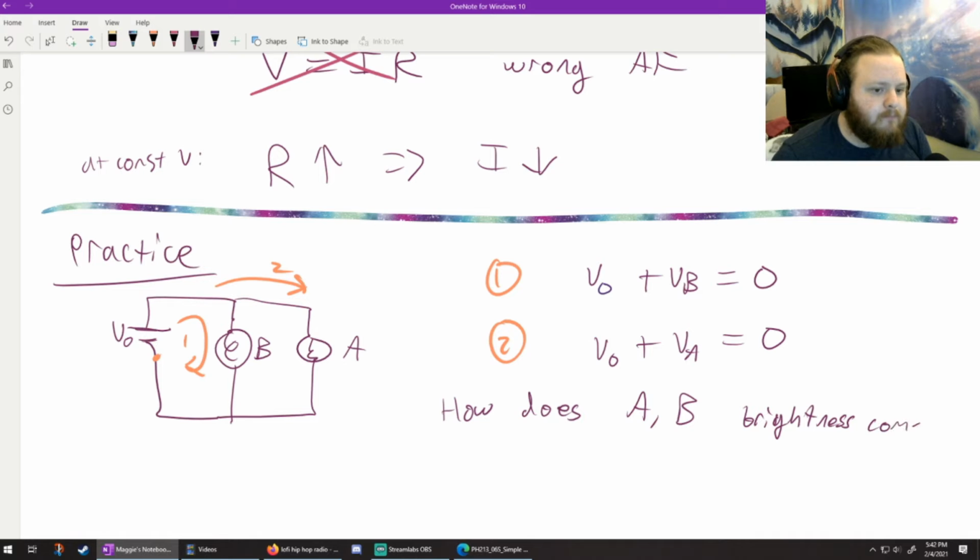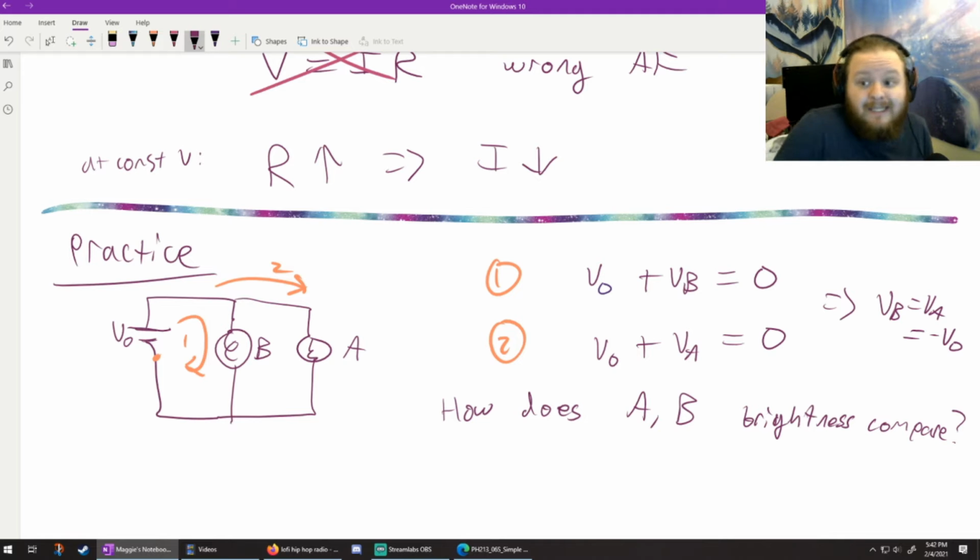Well, if I look at these two equations, the only way that both can be satisfied at once is if VB equals VA. And those have to both in turn equal negative the voltage coming out of the source.